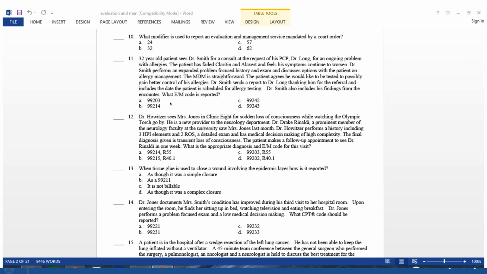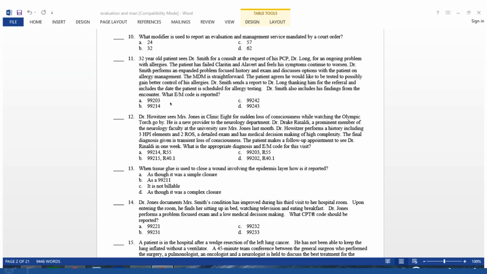9921 at least, right? For established patients, 9921. We don't know what the 5th digit is, but we know the first 4 are 9921. What does that tell me? That means I can get rid of C and D. Why are you even looking at it? It's not a contender, right? And now we may have to use our little bullet points, but it's okay because our bullet points have taught us how to get that level, right? So let's see what's going on.